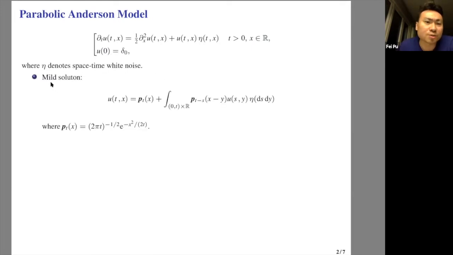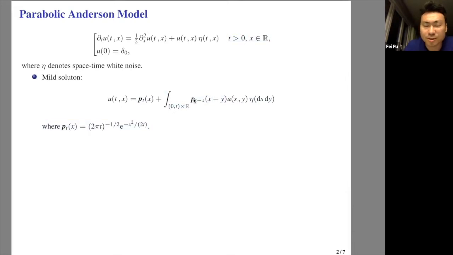The mild solution to the parabolic Anderson model satisfies the following stochastic integral equation. In this equation, we have u(t,x) is equal to p_t(x) plus this stochastic integral. Here, p_t(x) denotes the heat kernel, which is the density of standard Brownian motion at time t.